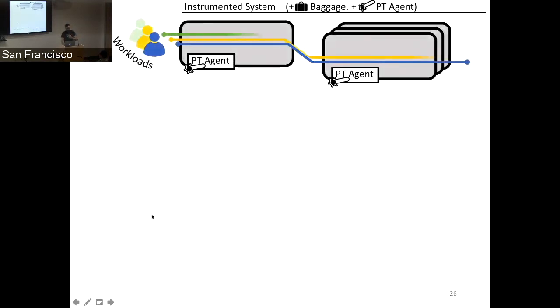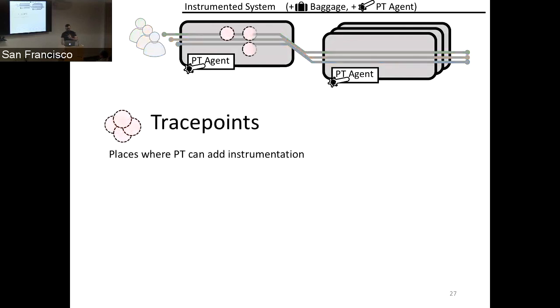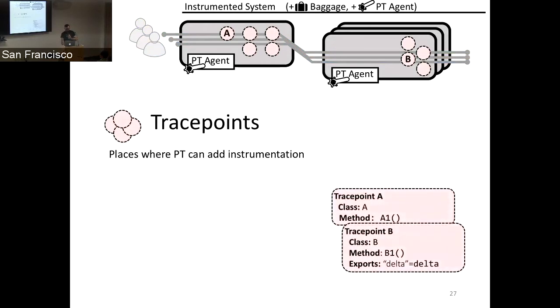So let's talk about how queries are actually implemented. You've got a bunch of workloads going through your system. The trace points, which are places where Pivot Tracing can add instrumentation, are distributed thusly.